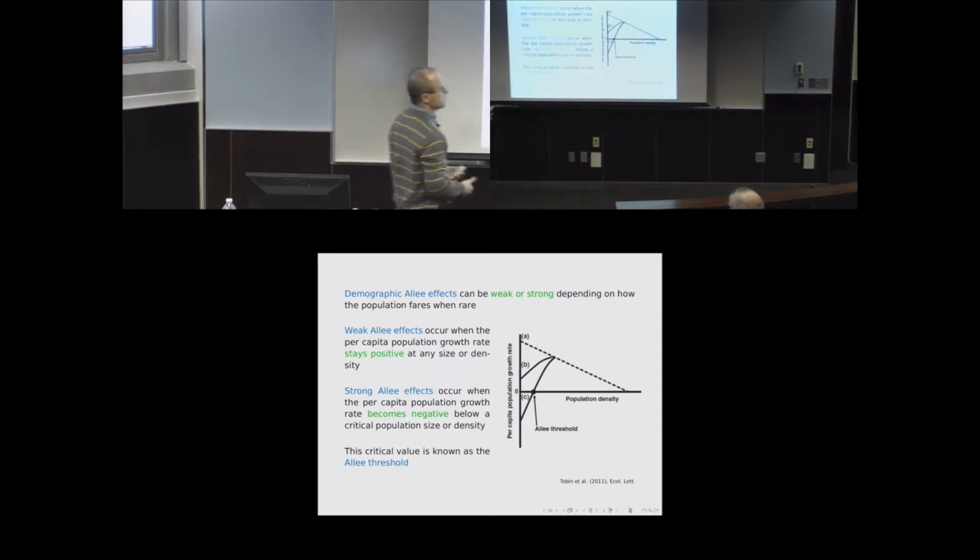And when we have just this dependence, we speak of weak Allee effects, because the population grows at any population density. The only feature here is that the growth is limited in low density populations. But when we speak of strong Allee effects, we have population growth rate decreasing below some critical value, which we call the Allee threshold. And the Allee threshold will play a considerable role in the further part of the talk.